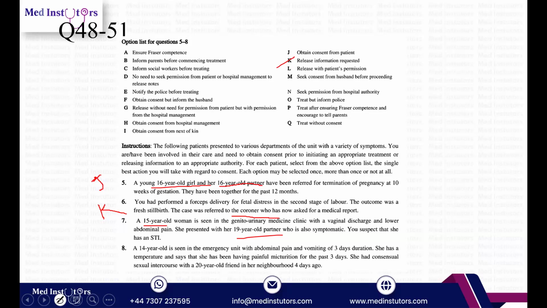Fraser is saying that below 16 years of age, if the girl comes for contraception, termination of pregnancy, or even treatment of STIs, and she understands what is wrong with her and the implications of it and she's consenting for it, then she's eligible for the treatment.